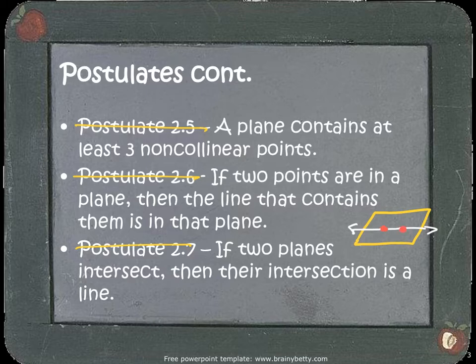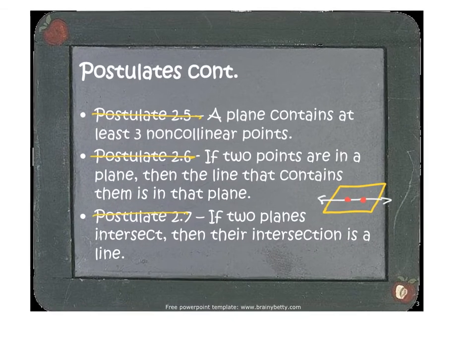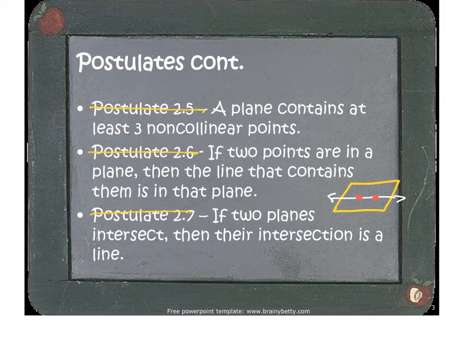And then the last one says, if 2 planes intersect, then their intersection is a line. We already talked about this. Remember, planes go forever, so the planes aren't going to intersect in a line segment. They're going to intersect in a line. So let me see if I can draw 2 planes.